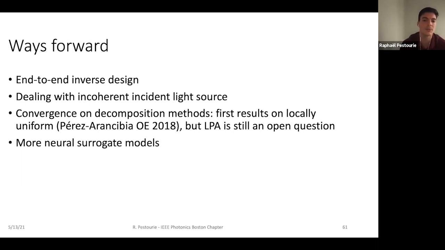But in topology optimization, for example, you can say, oh, I want to leave each pixel free, and so I have 10,000 parameters in my subwavelength unit cell. Well, your actual degrees of freedom are not 10,000.